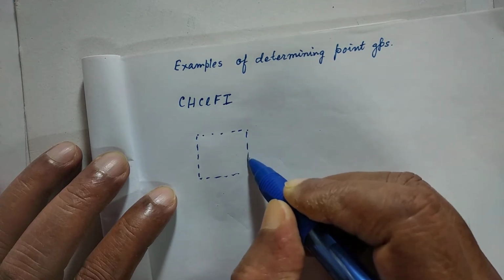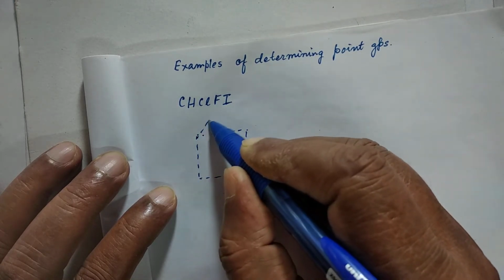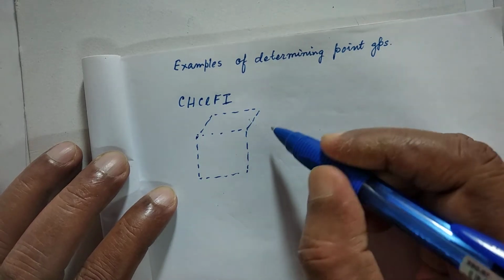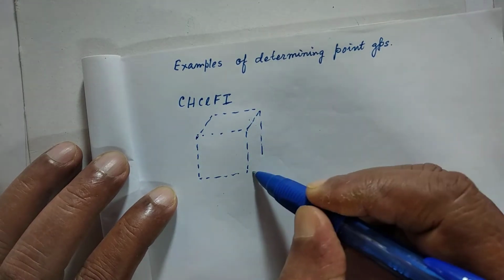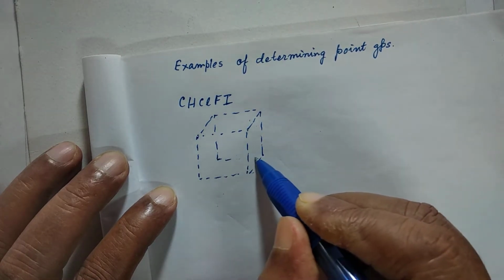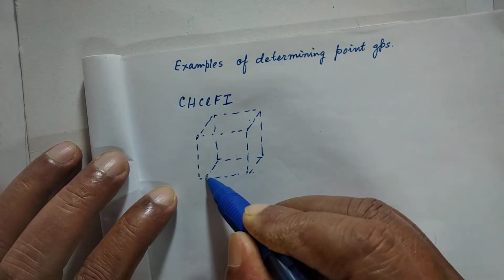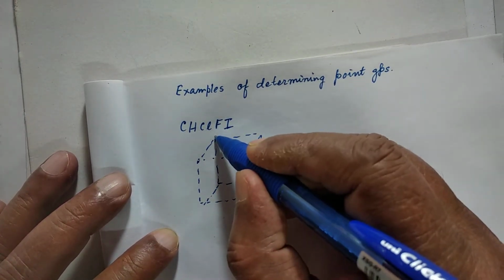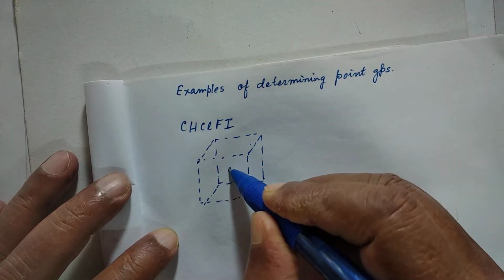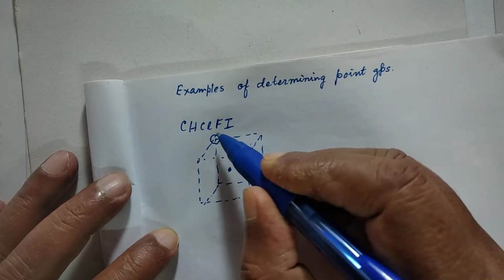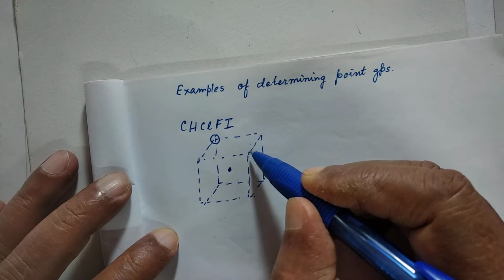We know that a tetrahedron can be inserted in a cube like this. Draw a cube first and then take the alternate angles, alternate vertices. The carbon atom is situated here, hydrogen atom is here, chlorine is here.